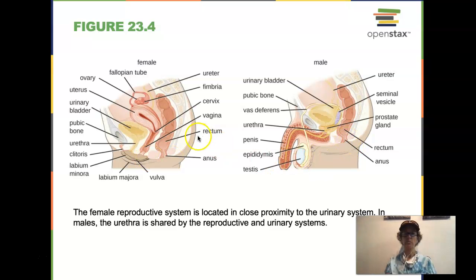And of course, both bodies have the anus. And depending on the types of sexual activity, there is that risk of urinary tract infections from anal sex and the mixing of the flora between the different systems in these types of bodies.